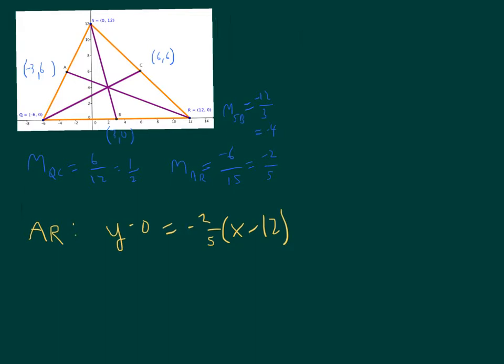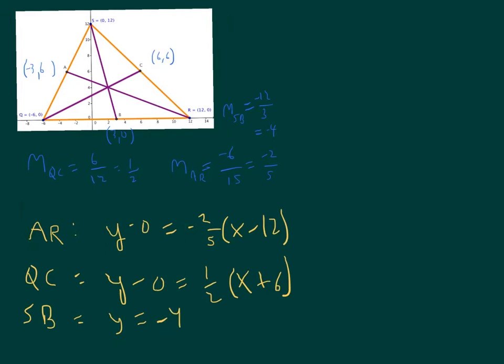The line QC is going to be y minus 0 is equal to 1/2 times x plus 6. And lastly, SB is going to be y equals -4x plus 12. Now, I can simplify QC a bit. I can make this y equals 1/2 x plus 3.